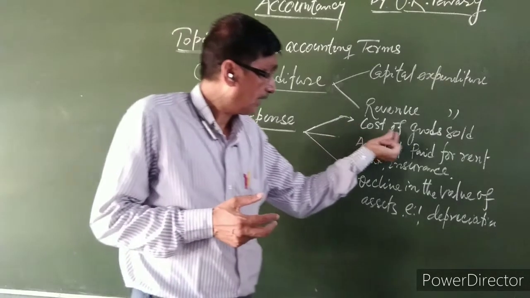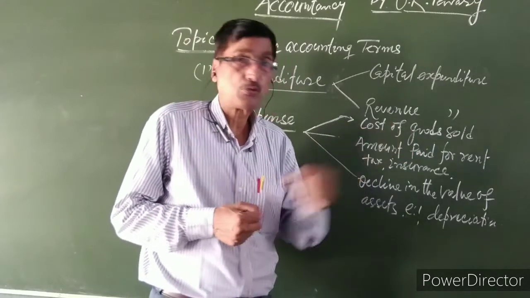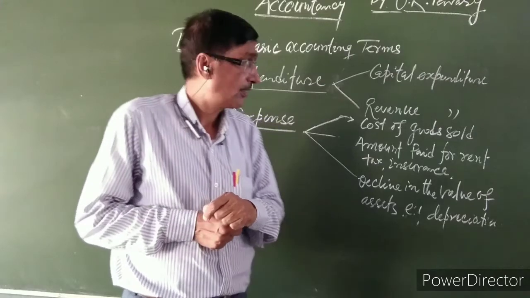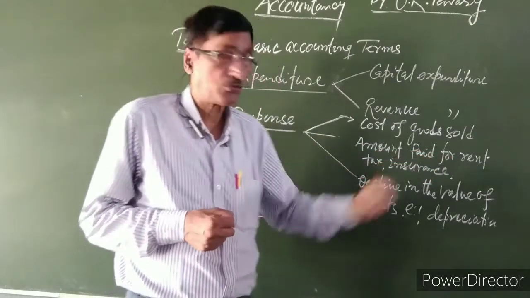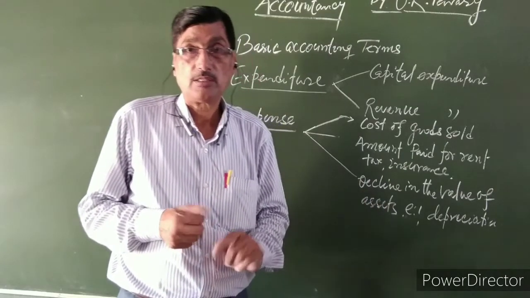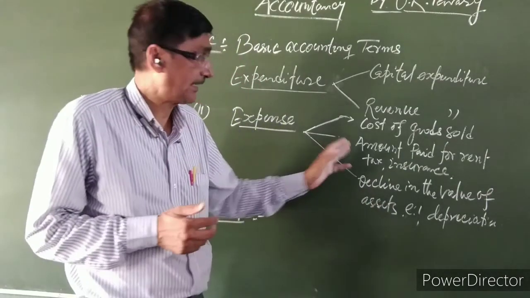That is known as the cost of goods sold. Second, amount paid for rent, tax, insurance. These are also called indirect expenses.